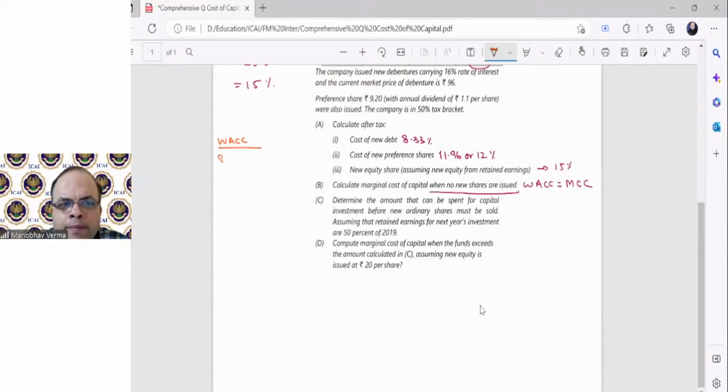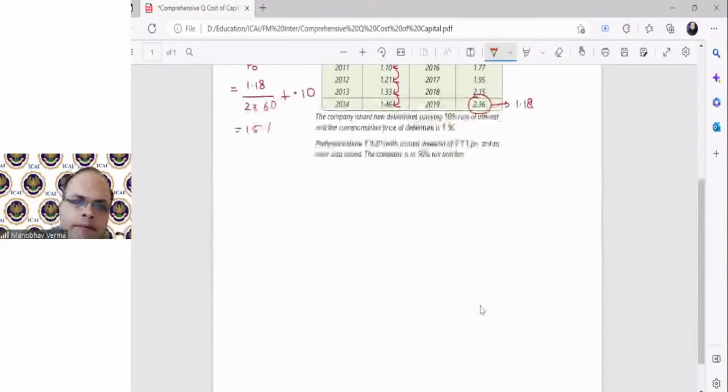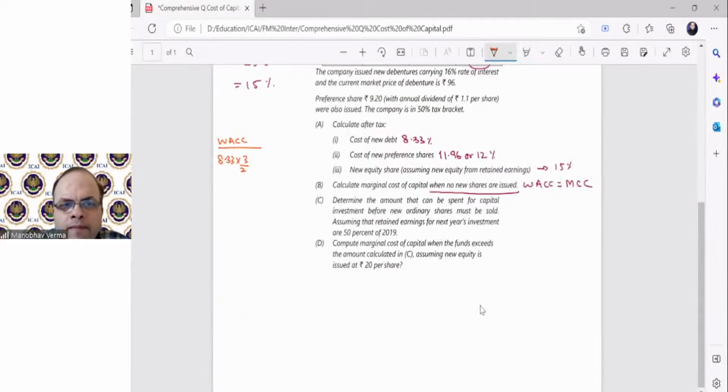You have 8.33 into 3/20, you have 12 into 1/20, and you have 15 into 16/20. That will be my cost of capital, if I'm not wrong. Weighted average cost of capital, which will be the same as marginal cost of capital, because there is no new equity.